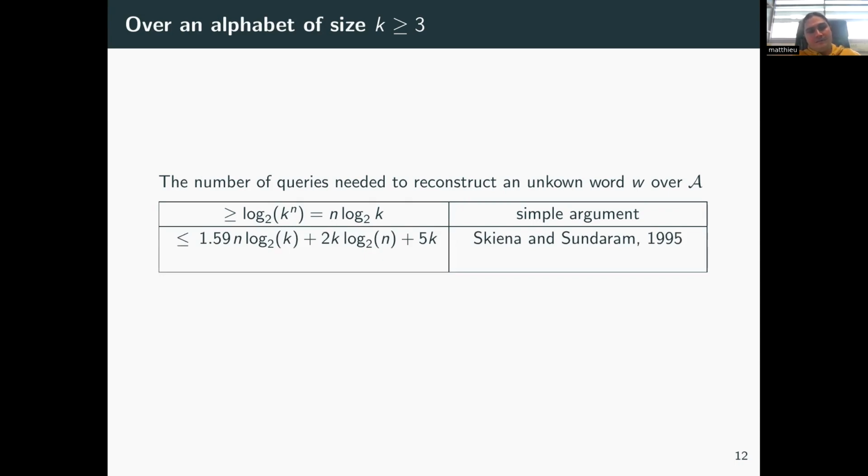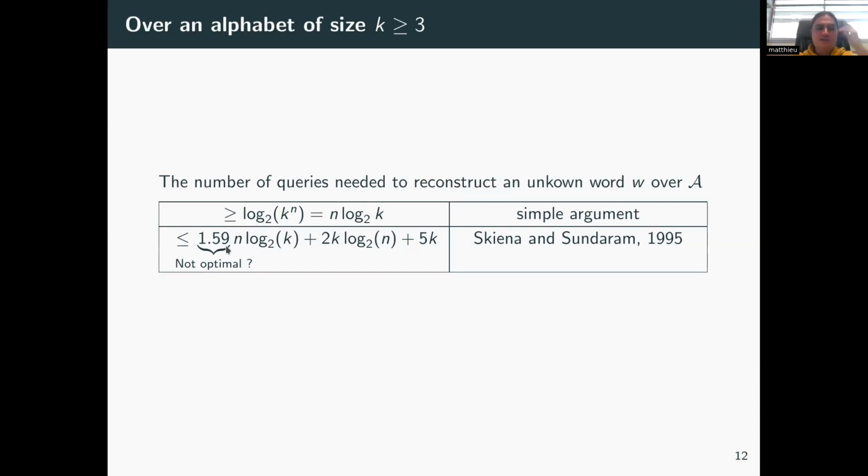Okay, so using the result on the binary alphabet, Skinner and Sundaram proved that for a larger alphabet, it is enough that you have that many queries, 1.6 times n log k plus something. So, well, obviously, if you look at the lower bound and the upper bound, there is a large gap there.